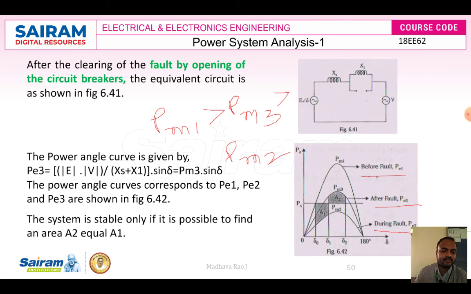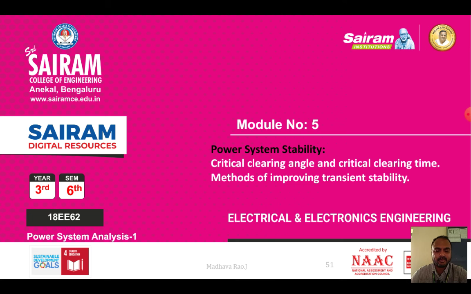So we should always keep the system in a stable position by keeping A1 and A2 equal. A1 and A2 vary by increasing or decreasing the load, that is by accelerating or decelerating the synchronous machine. Then area 1 and area 2 change, and so the stability of the system varies. Always keep A1 and A2 equal, then the system will be in a stable position.